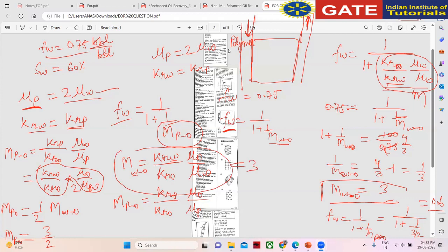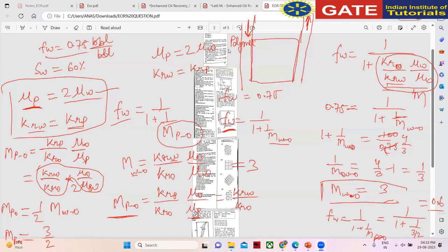Now you calculate the value of this one. Other data is not given, only these two conditions. So you replace the polymer viscosity with water viscosity because there is a relation, and the polymer relative permeability with the water relative permeability, so KRW is equal to KRP.